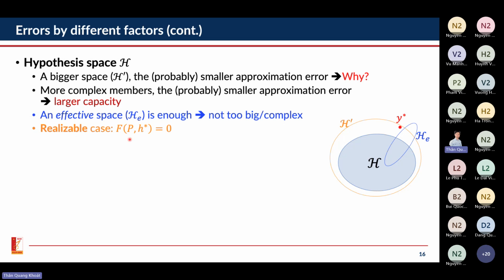There exists one member that exactly fits the unknown function, right? And of course, in this case, our models should be very complex, right? Any question?